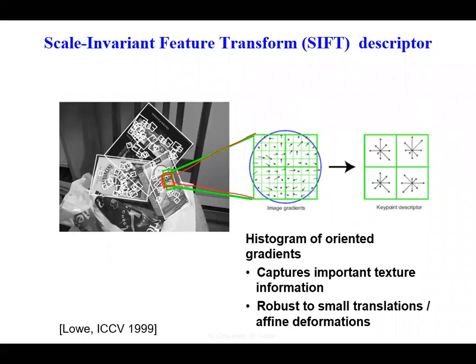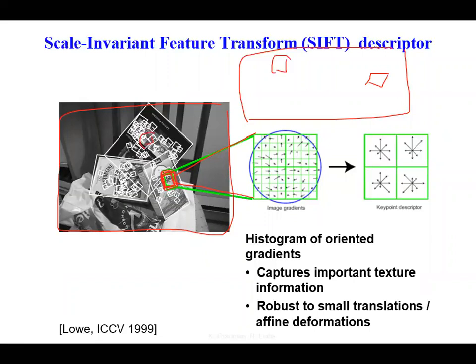Ultimately, assuming that I have an image like that, and there is another image which has a different transformation, rotation, translation, whatever, we would like to say that this particular small patch corresponds to that patch, and so on and so forth. What we have described is how to build that particular descriptor.